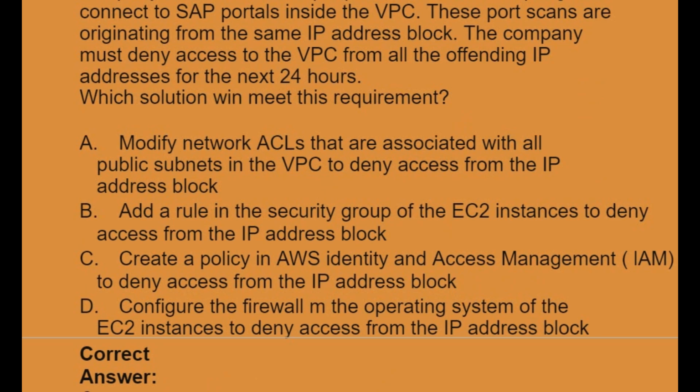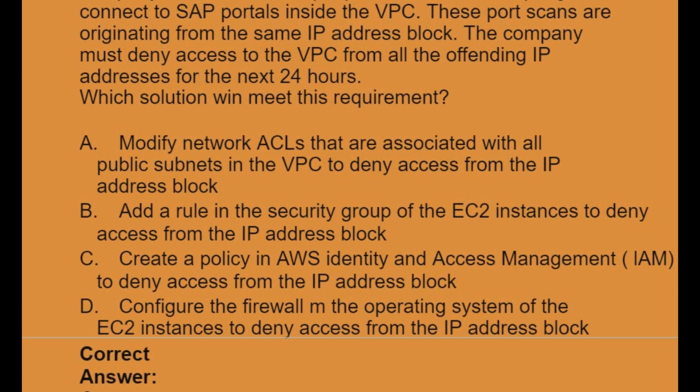Option A. Modify network ACLs that are associated with all public subnets in the VPC to deny access from the IP address block. Option B. Add a rule in the security group of the EC2 instances to deny access from the IP address block.